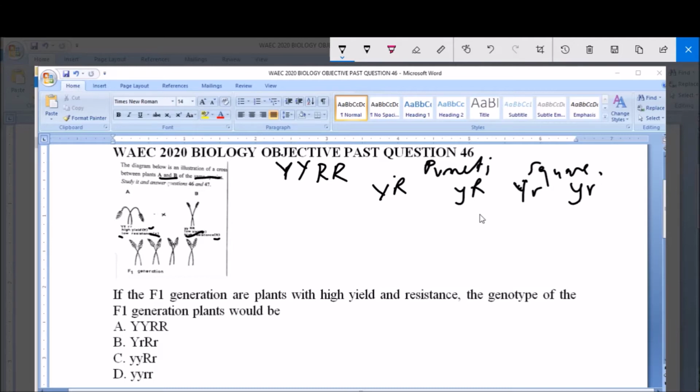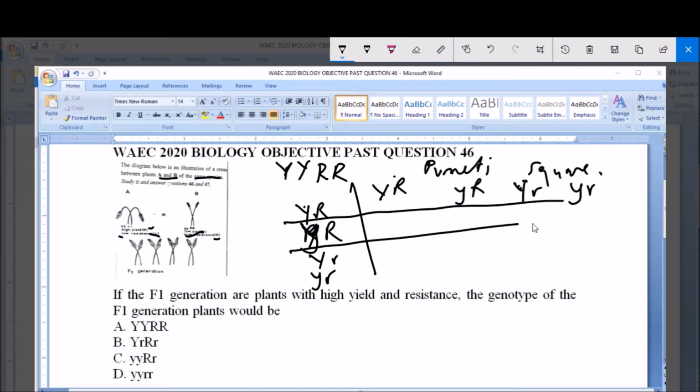On this other side, this column, you have small y, this will have capital Y. So this is what the Punnett table will look like, an illustration of what the Punnett table will look like.